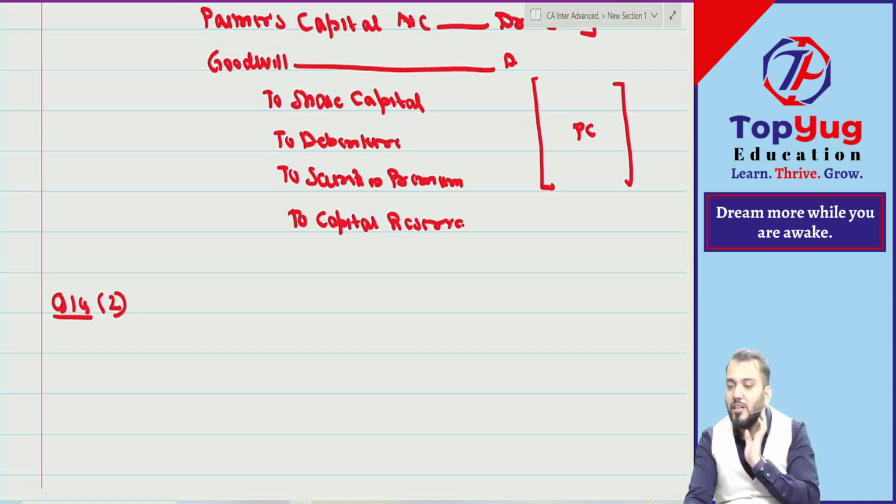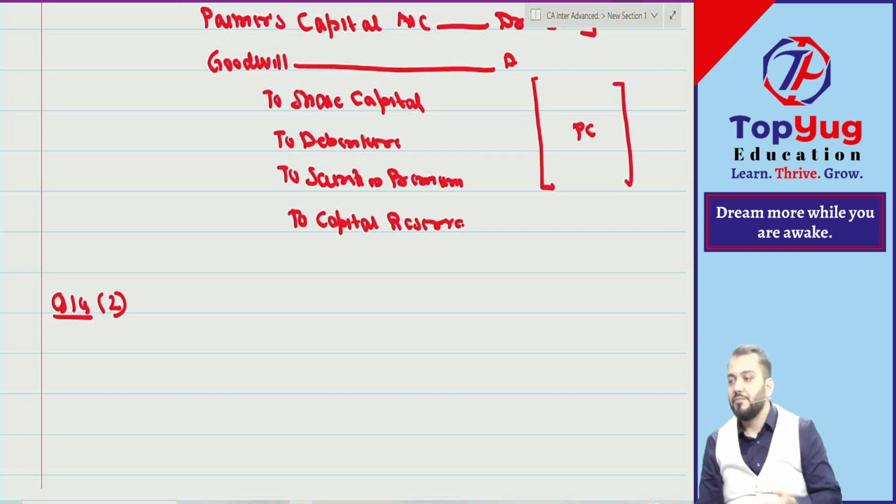If the value of goodwill is not given in the question, then step 3 is not applicable. However, goodwill will be calculated as a balancing figure in step number 6. Now okay?